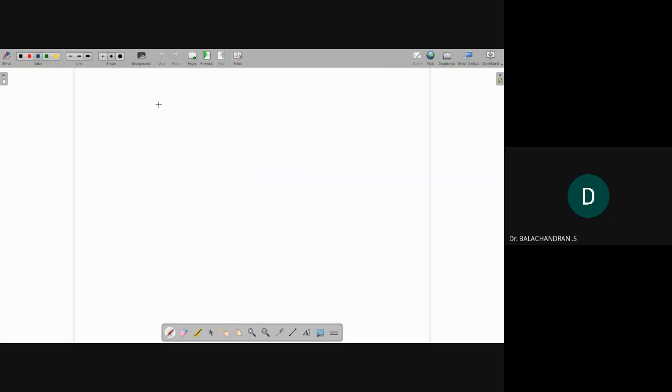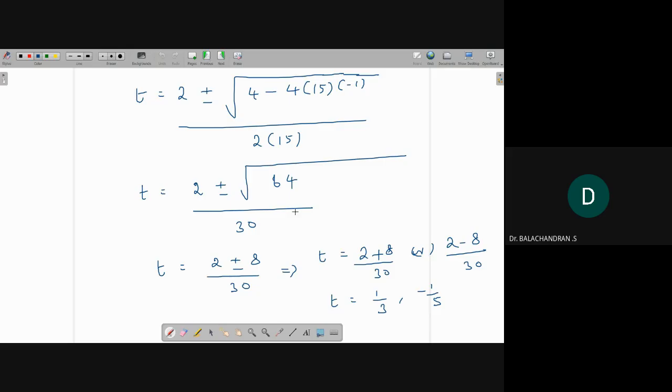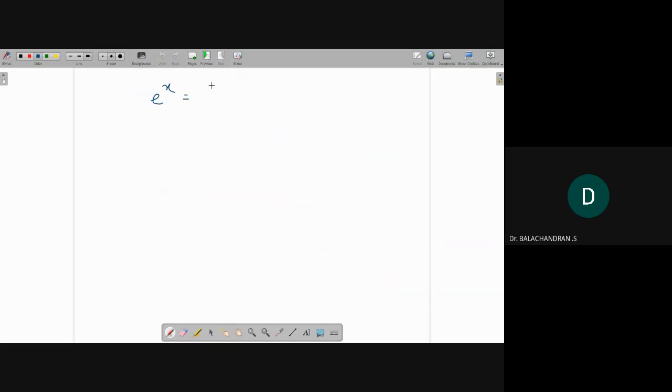But what is t? t is e power x. So e power x is equal to 1 by 3 or minus 1 by 5. Now e power x equal to minus 1 by 5, but we know that e power x is always positive.